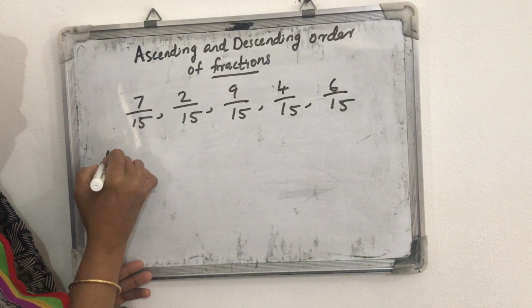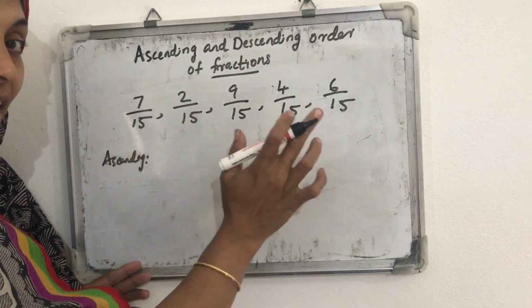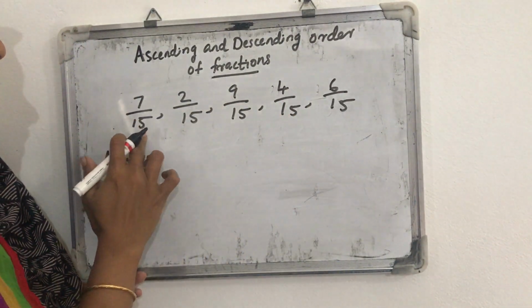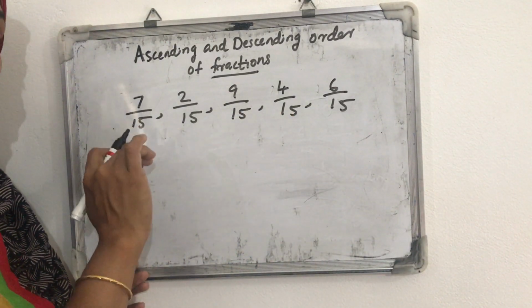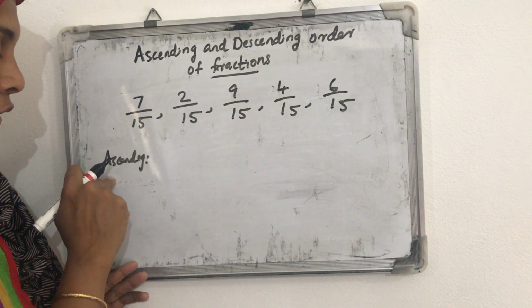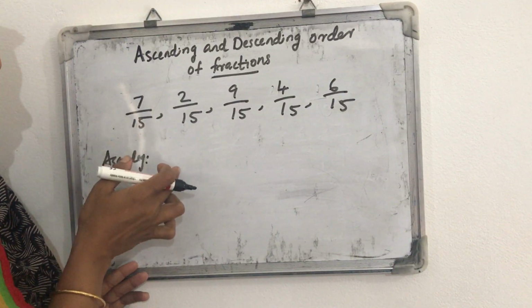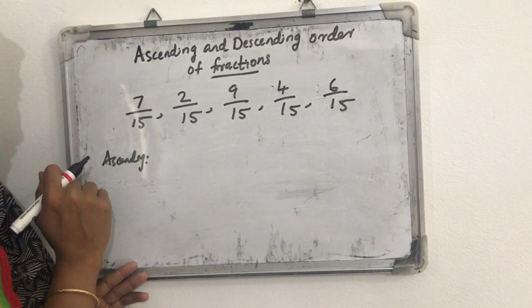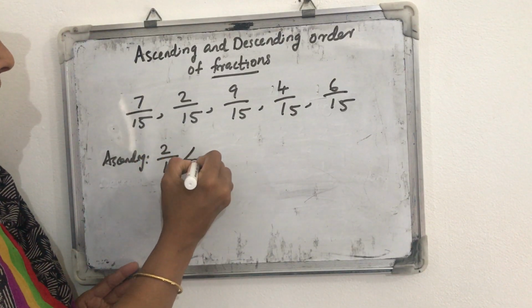So first we check, are they like fractions? Okay, they are like fractions because all the denominators are the same. Then we can compare. We only want to compare the numerators. In the case of ascending order, we write the fraction with the smallest numerator first. Which is that? Yes, 2 by 15.